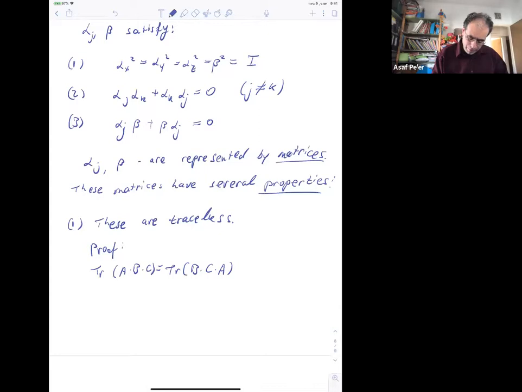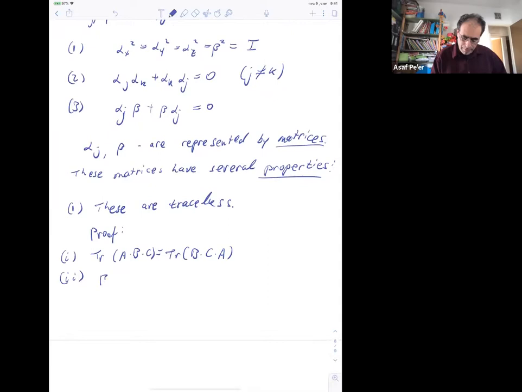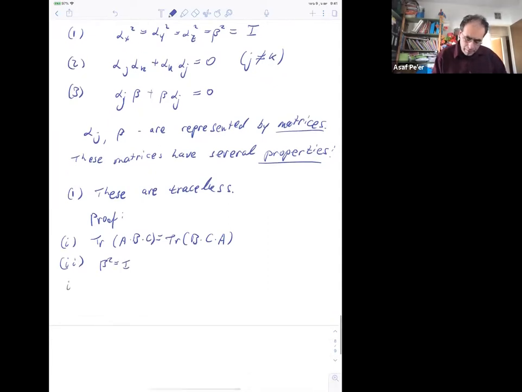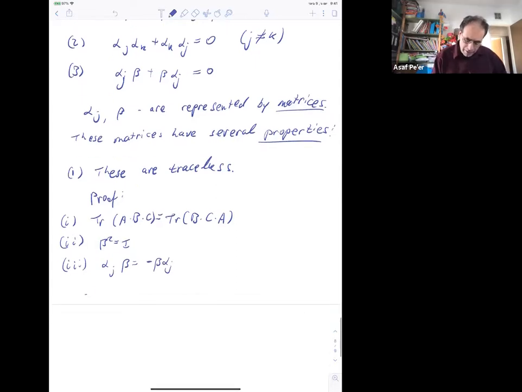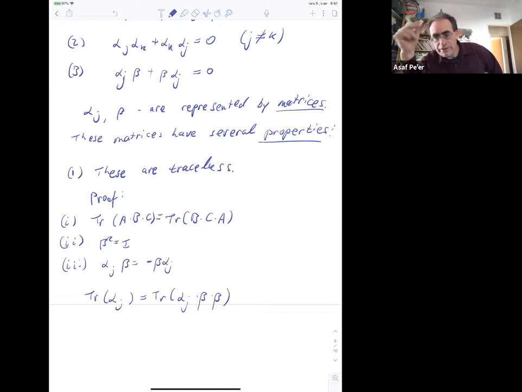We use I, and by I we know that beta squared is I. And we also know that alpha j beta is minus beta alpha j. So we can write down the trace of the matrix alpha j is equal to the trace of the matrix alpha j times beta squared, right? Because beta squared is the identity matrix.